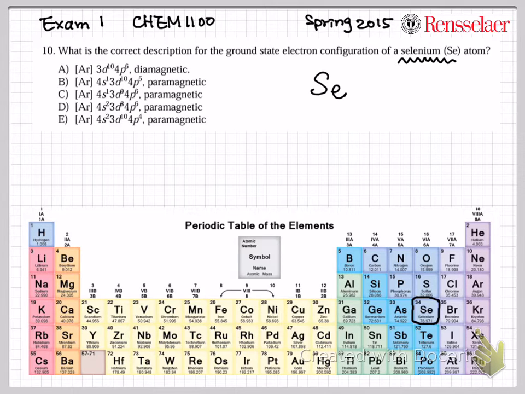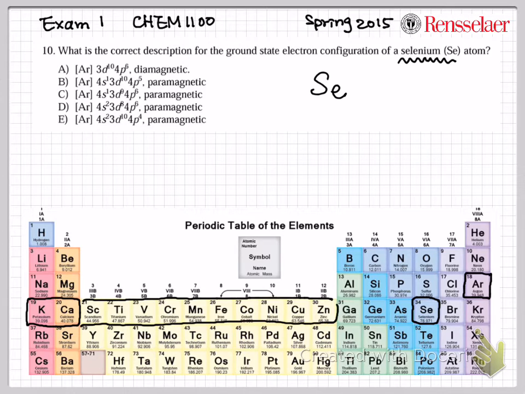So the easy way to write this down is to find the closest noble gas, which is argon, and then on top of argon you have two s electrons, and then you have d orbitals, and then you have p orbitals.